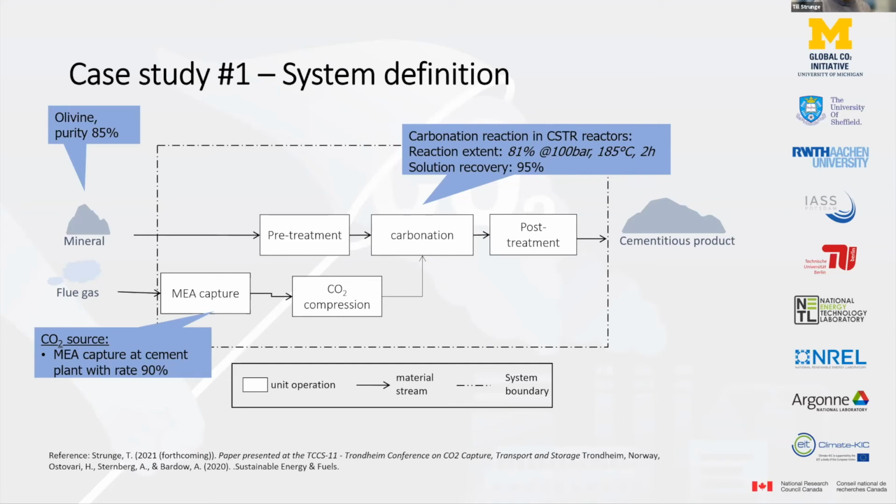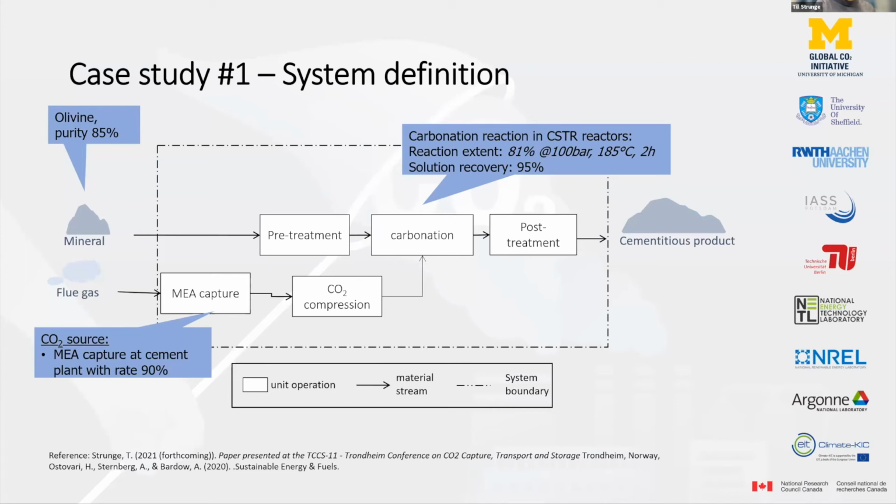The overall process you just saw also in the TRL presentation, but it works in the way that minerals, in this case we assume olivines, so magnesium silicates, are mined and then have to be ground to be activated, which is here called the pre-treatment. So mills are used for that. Then it goes into a carbonation reaction, which is quite straightforward.